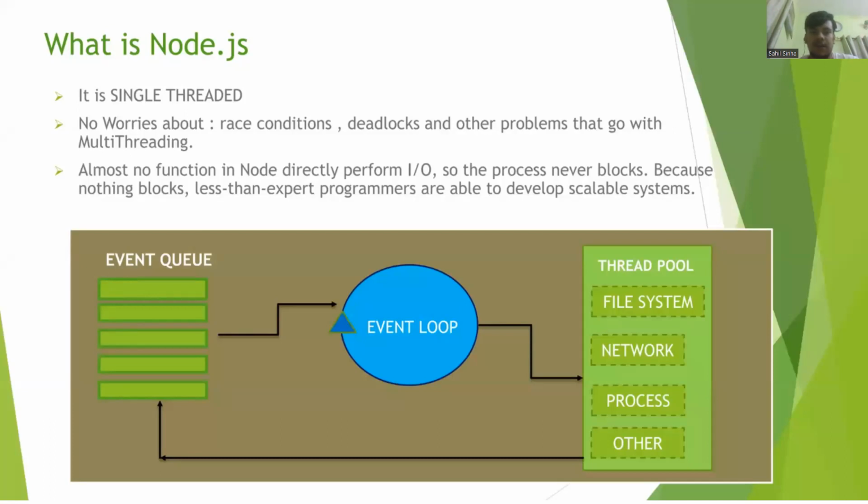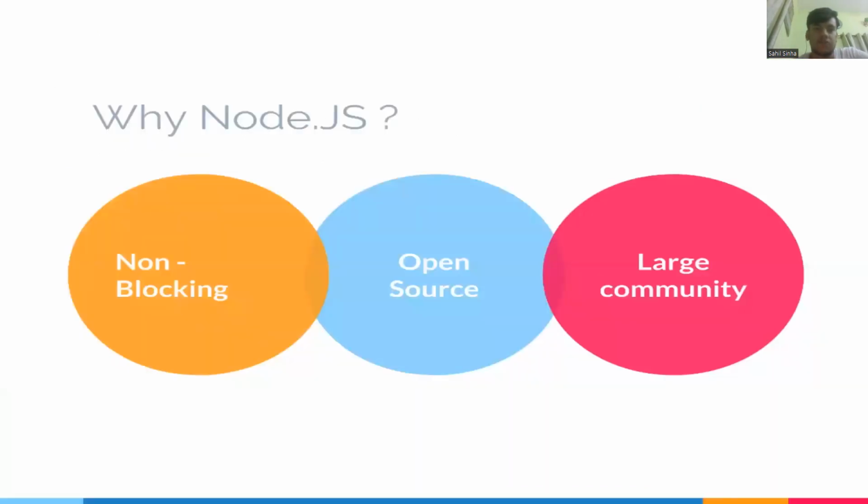Deadlock is basically a situation in which a process waits for a long duration while holding one resource and waiting for another resource so that it can be processed. It works on an event loop. JavaScript is basically used in this. So why Node.js? It is non-blocking, an open source server environment, single threaded, and has a large community.